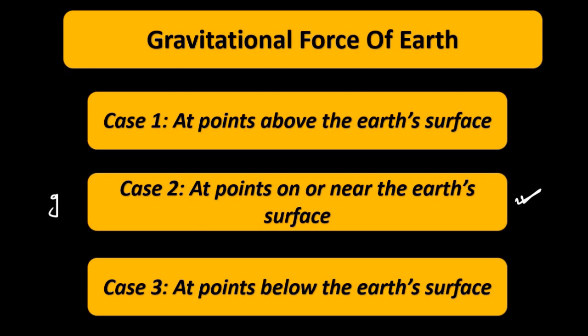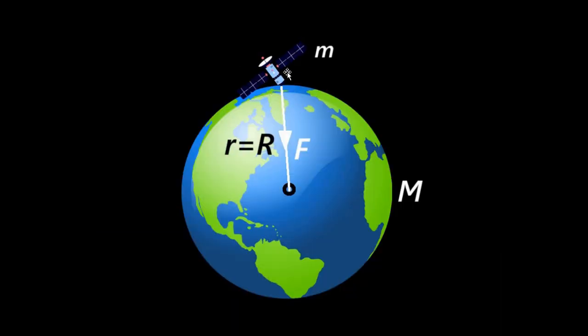So let us say we have an object, let's say a satellite, which is very close to the surface of the earth, or it is on the surface of the earth. In that case, the separation distance between that satellite and earth will be equal to the radius of the earth if it is on the surface, or almost equal to the radius of the earth if it is very close to the surface.